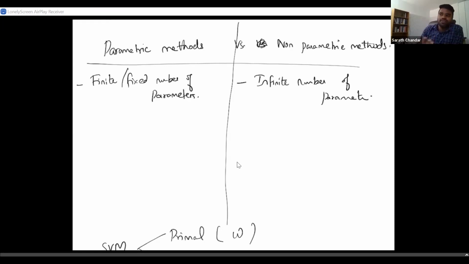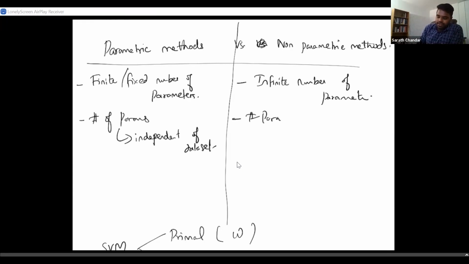It actually means there are an infinite number of parameters. Now, the number of parameters in a parametric method is independent of the data set. On the other hand, the number of parameters in a non-parametric method is dependent on the data set.